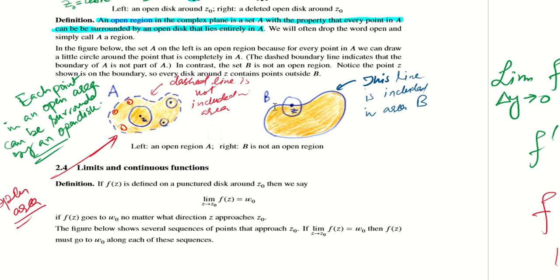Some part of that disk will go outside. You see how interesting that is? Some part of the disk will always be outside this area. So this is not an open area, this is a closed area.